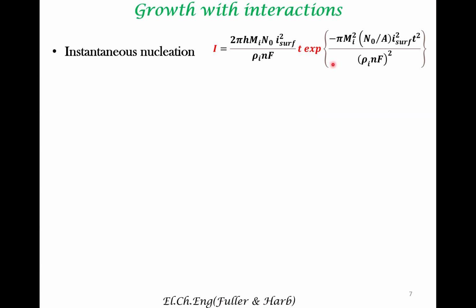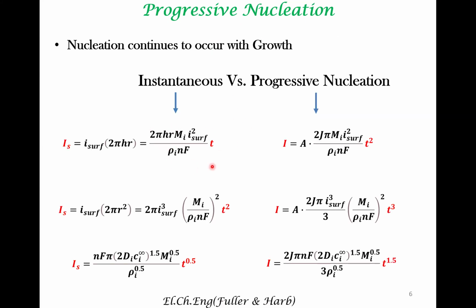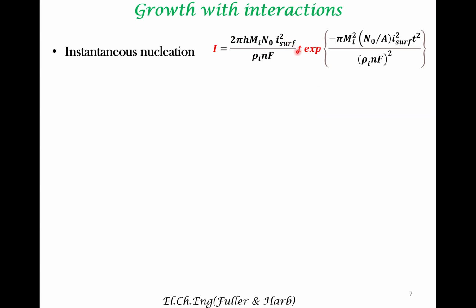But here, there is. This term is similar to the terms that we showed here, but in addition to that, this term is multiplied by an exponential term. There is a negative sign here, and time is here. So this exponential term, at early stages of growth, can be represented as a series expansion, and you can drop many terms and get a simplified expression.